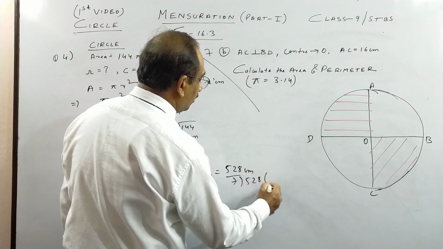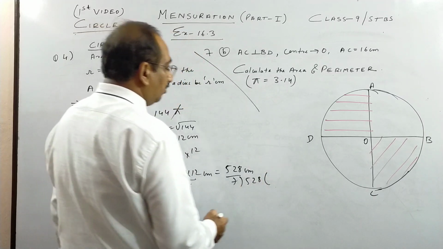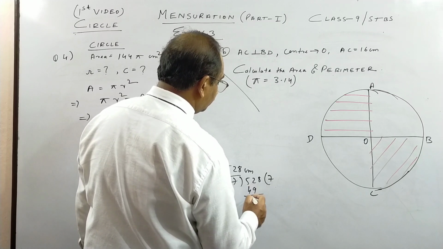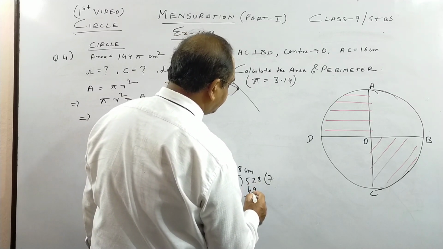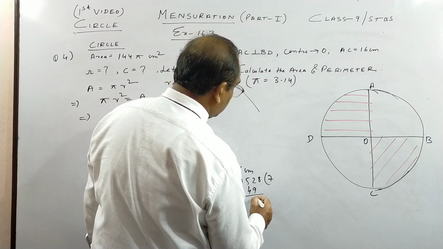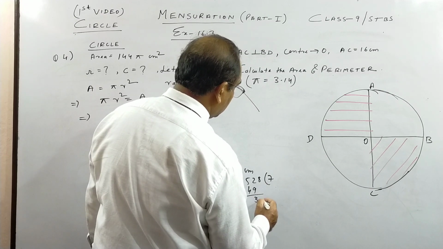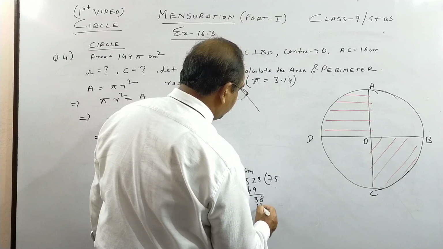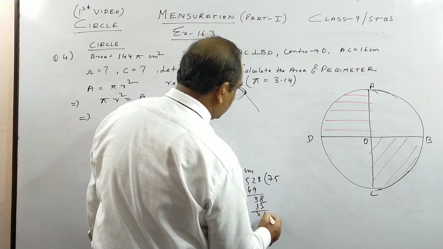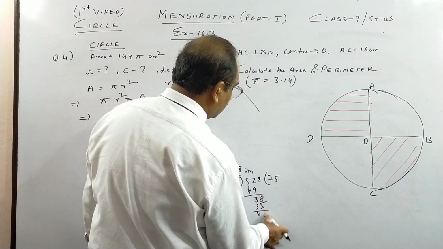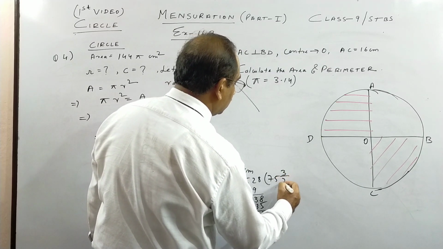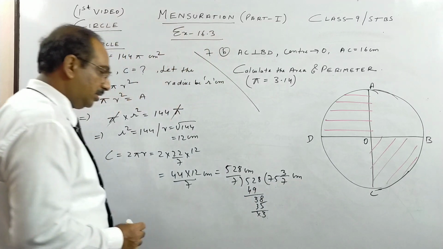And if you want to change it, children, to mixed fraction, 7 sevens are 49, we get 3 over here. Then 8 comes, 7 5s are 35. So there will be remainder 3. So answer is 75, 3 by 7 centimeter.